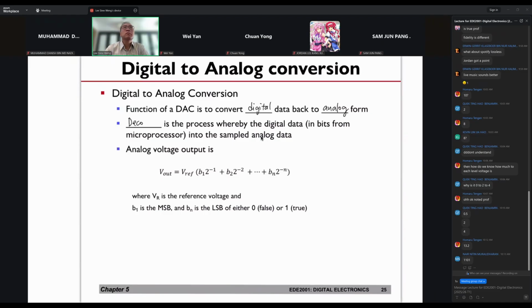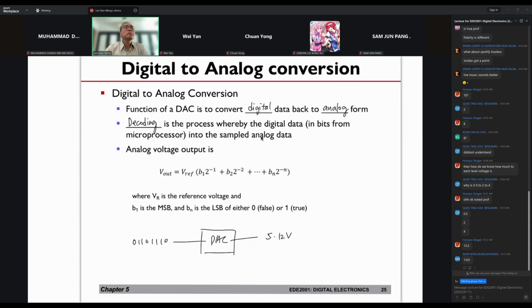The decoding part is the process whereby the digital data, in binary bits, gets converted into analog data. Just an example here, it maybe gets converted to 5.1 volts, or 5.12 volts. So what is the analog voltage output?